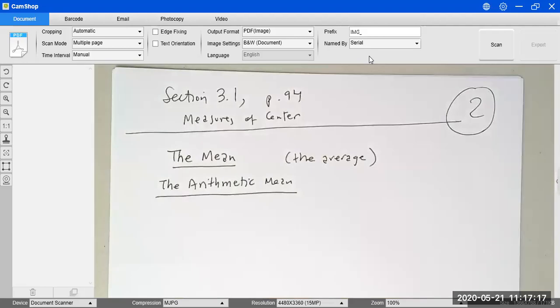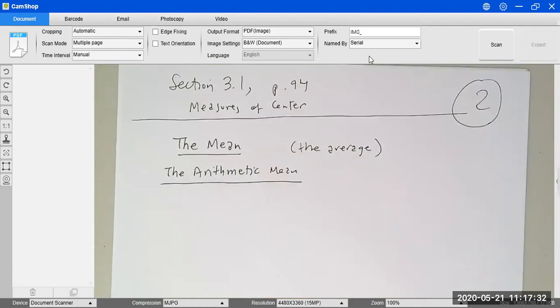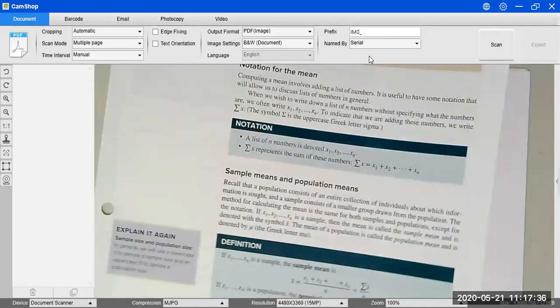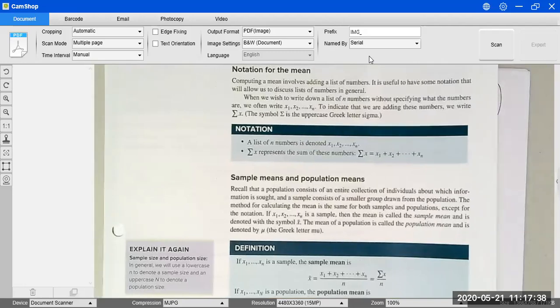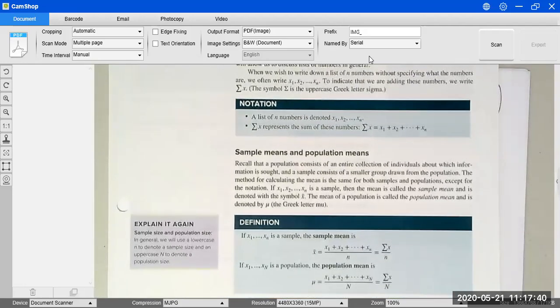So the arithmetic mean is going to be just a simple formula. We're going to start using formulas from now on, and we're going to use R to work on those formulas. On page 95, you have some notation that we need to understand to be able to understand the formulas that we're going to use.